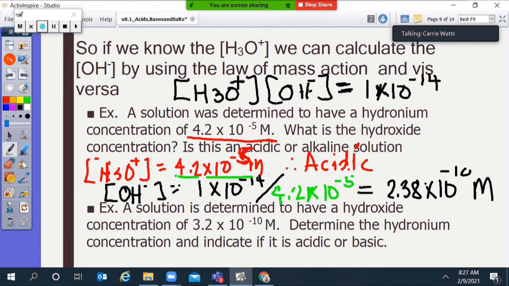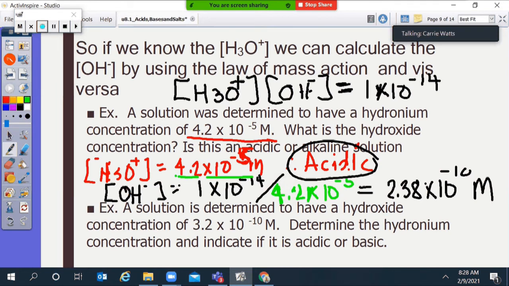So you can see that the hydronium is definitely greater than 1 times 10 to the negative 7th, and the hydroxide is definitely less than 1 times 10 to the negative 7th, which makes it an acidic solution.